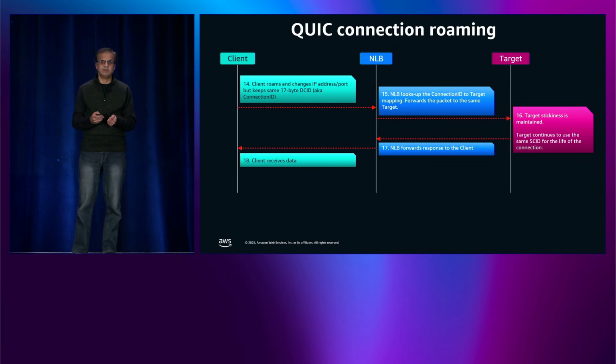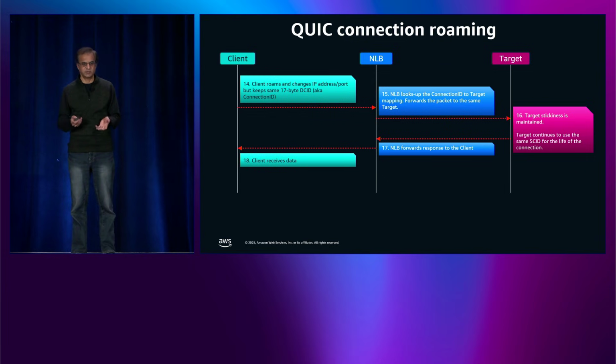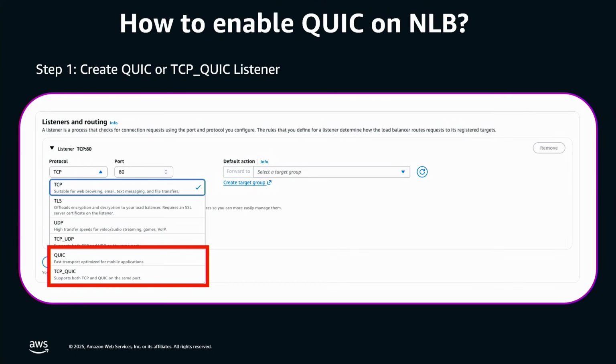So now, having established this, let's understand how to enable this feature. Your question might be, okay, this is great, how do I enable QUIC on NLB? Fairly simple, a 3-step process. Step number 1, create a QUIC or a TCP_QUIC listener. Jamie showed you in his previous section how to create listeners on NLB. I've highlighted on the bottom left corner in the red bracket, you'll see you select either a QUIC or a TCP_QUIC listener.